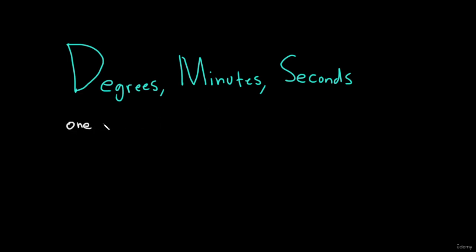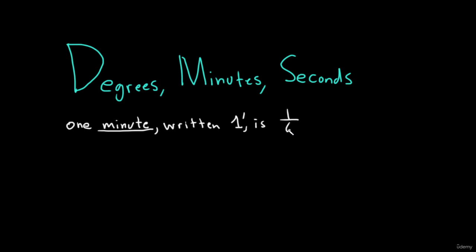So 1 minute is written as follows: it's a 1 with a little prime. This is basically 1/60th of a degree.